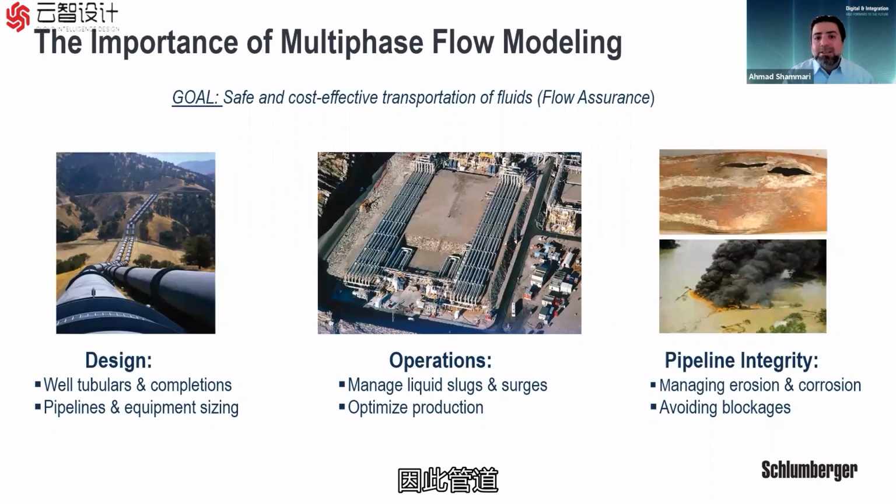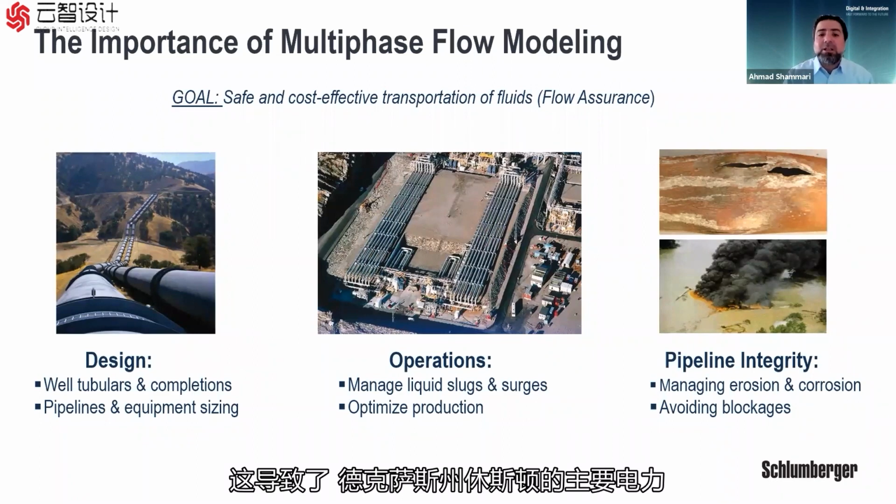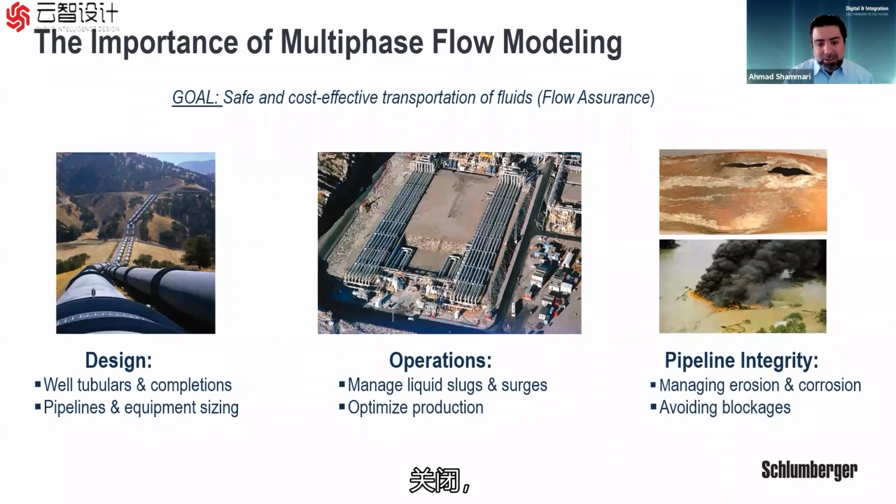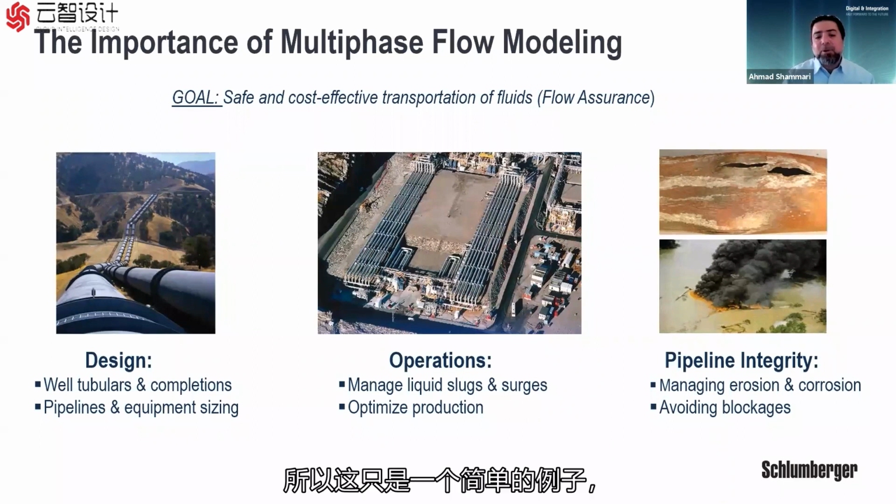So the pipelines were blocked from transporting fuel to the power plants, and this resulted in a major power shutdown in Houston, Texas. This is just a simple example of how hydrocarbon conditions can block the flow. And that's why, again, the term flow assurance.